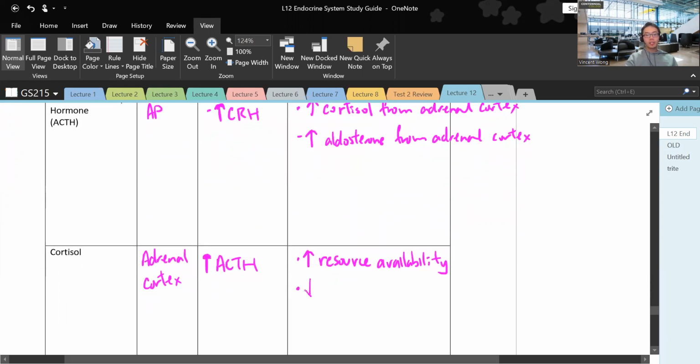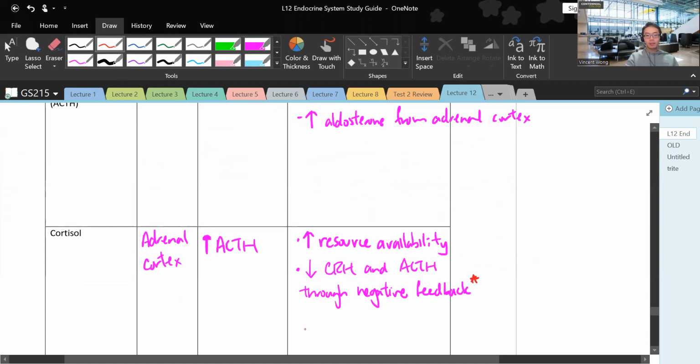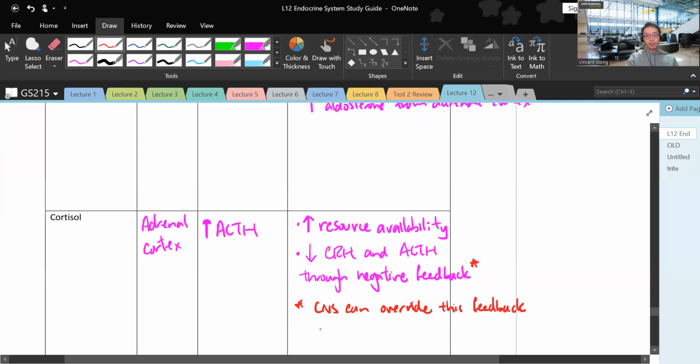If you are not chronically stressed, it should decrease CRH and ACTH through negative feedback. Okay. And of course, we're going to put a star here. The central nervous system can override this feedback during long-term stress. Okay.